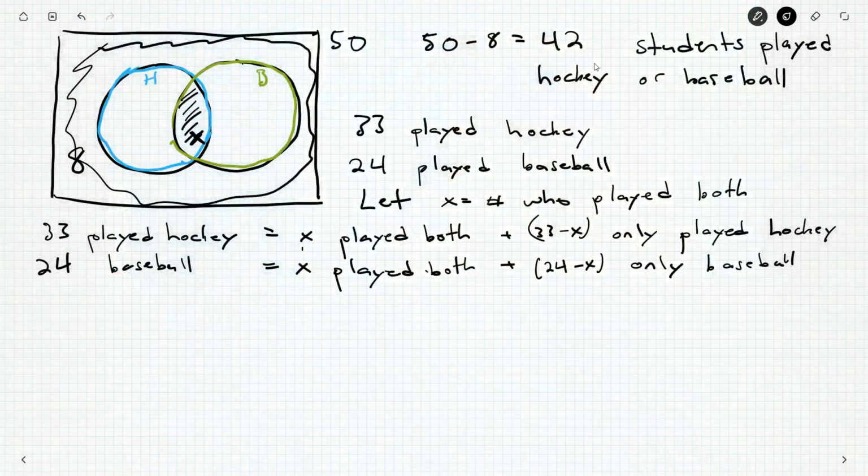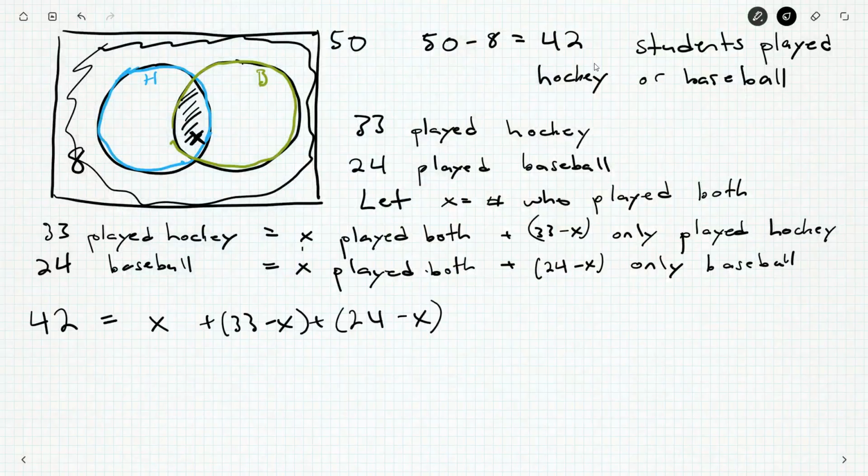Okay. So, if we want to get an accurate read of these 42 students, we can count the people who played both, but we're only going to count them once. And then we've got the people who just played hockey and the people who just played baseball. And when we do this, we can correct our count.